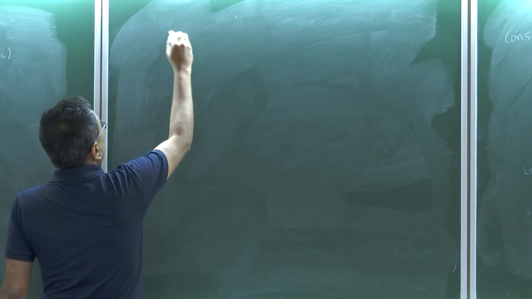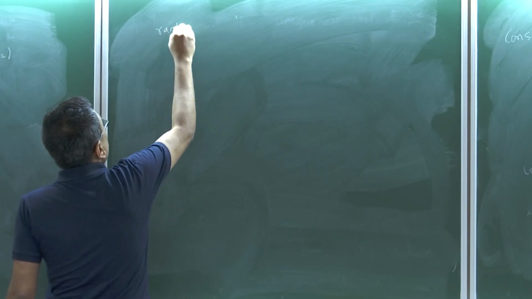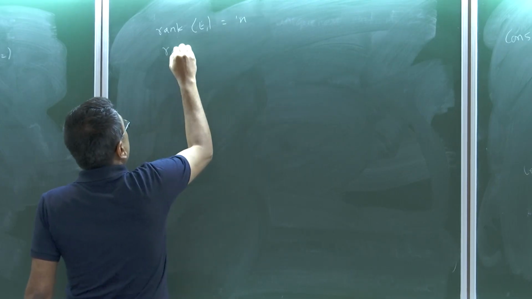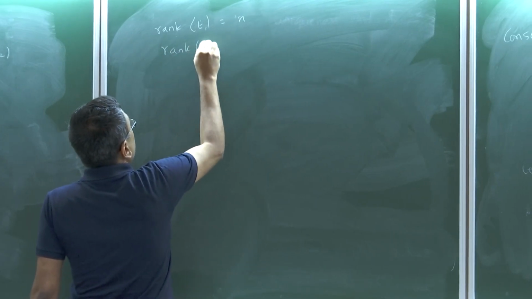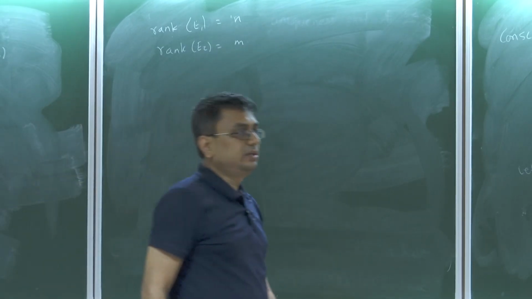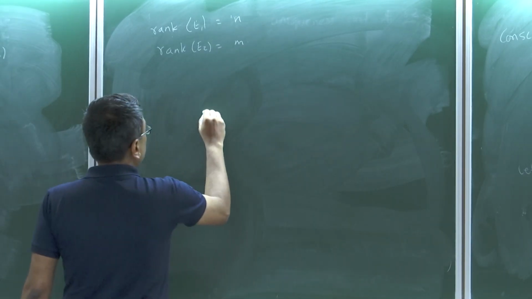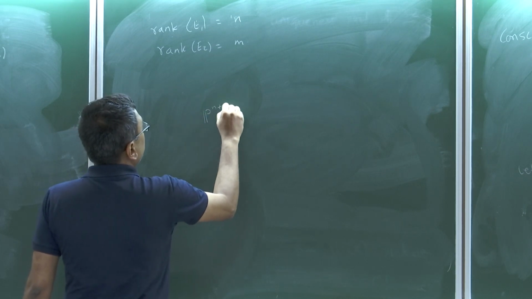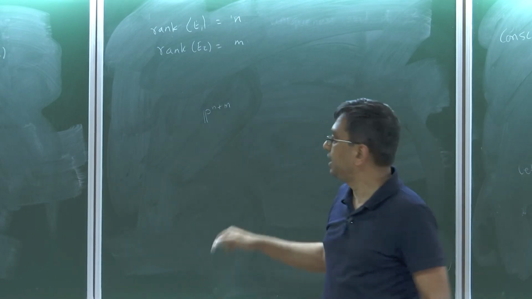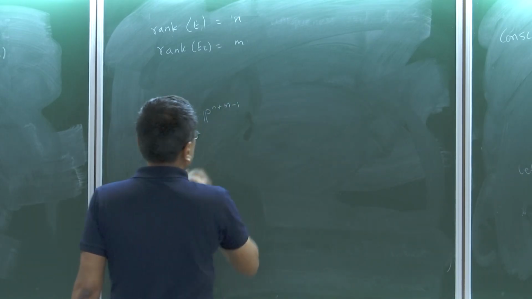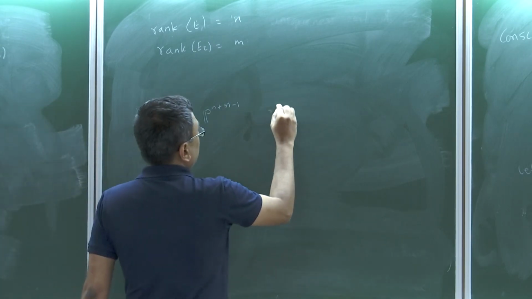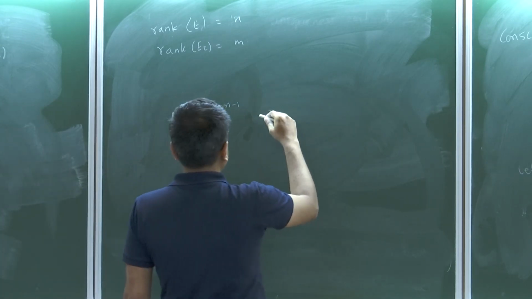So let's say the rank of E1 is equal to n and the rank of E2 is equal to m. Okay. So we are looking at one fiber. So the fiber of P of E1 direct sum E2 will be isomorphic to P of n plus m minus 1. And inside this, I have chosen a basis for my vector space of the fiber.